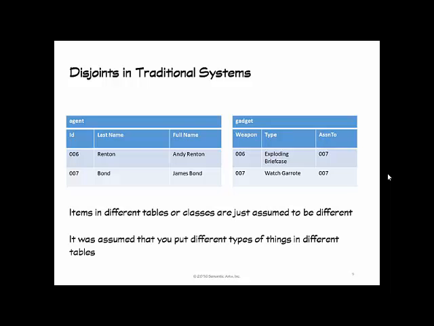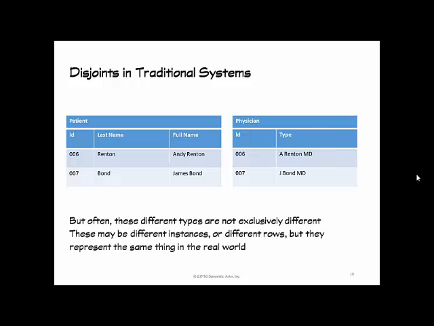We know it isn't, and it's just kind of this built-in assumption, except when it isn't, because a lot of times, after you get the first dozen or two dozen tables in your relational database, you start making these subtler and subtler distinctions where you put stuff in a table and you realize while there are different rows in these two tables, they might actually be referring to the same thing in the real world.